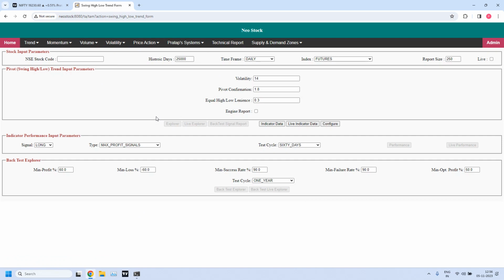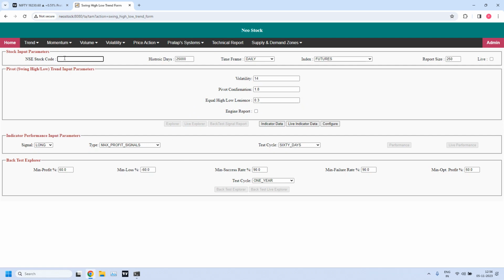So here, volatility is one important factor, and confirmation of the swings, that is the pivots. I already explained swing highs and swing lows are also called pivots. And the lenience. Forget about these values, they are algorithm related values.